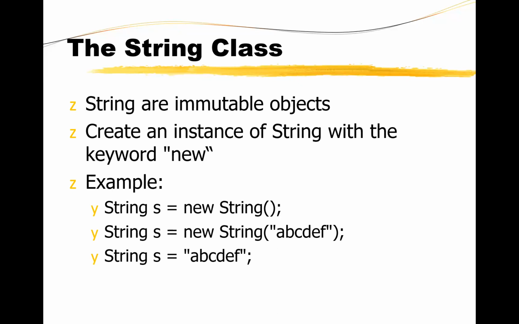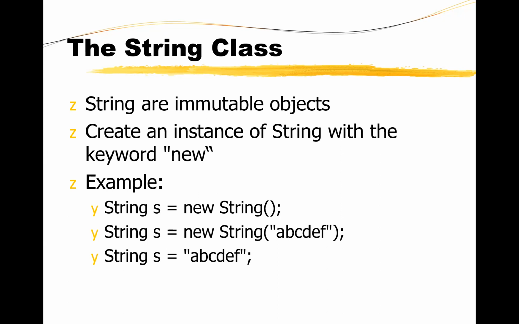That means once you create a string object, you can't change it, until the garbage collector removes it. Therefore, once created, it cannot change. That's why we call it an immutable object. Then how it happens, we will discuss.